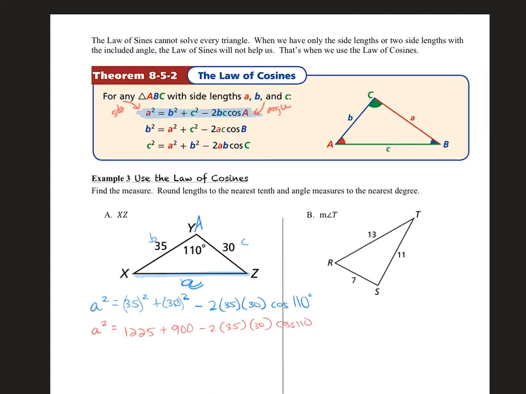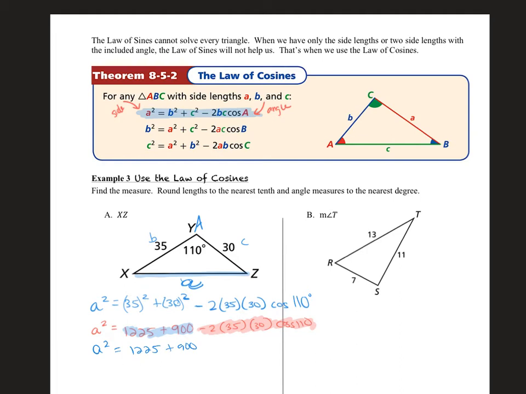Okay, so this beginning part that I'm highlighting, that's addition, so we can't do that yet. But we can multiply -2. Even though it's a -2, just think of it as a -2 times 35 times 30 times cosine 110. So let's try that. So A squared equals 1225 plus 900, and I'm going to calculate all the other stuff.